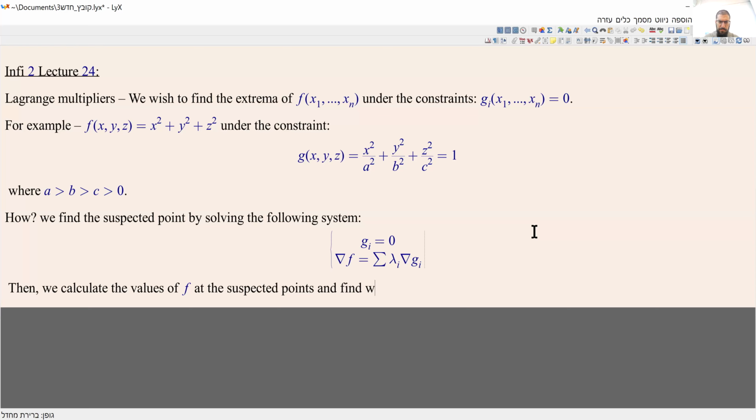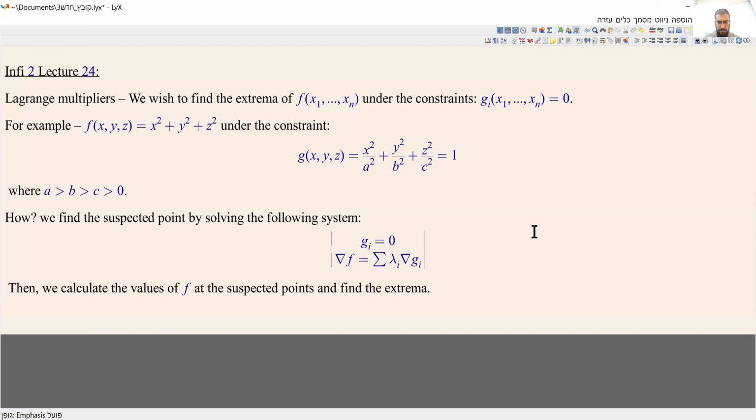Find the extrema. So let's do two examples.